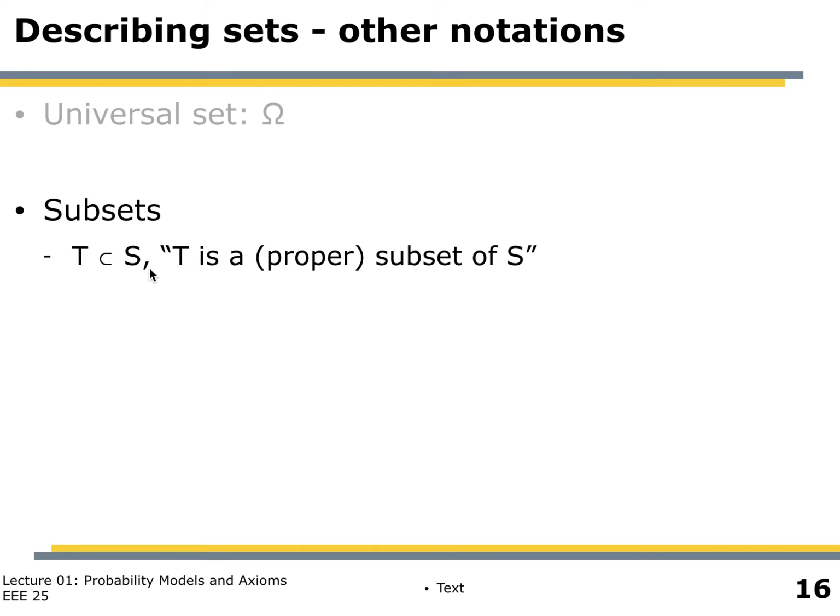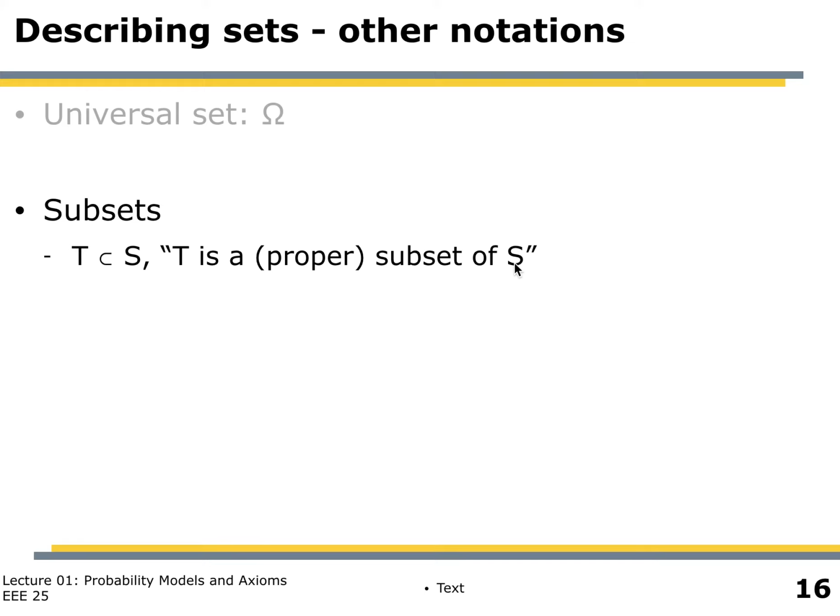Now, some would say that this is actually read as T is a proper subset of S, and that is actually the more correct interpretation of this notation. A proper subset, if you can recall, is, for example, if S has 10 elements, then the set T would only contain less than 10 of those elements.